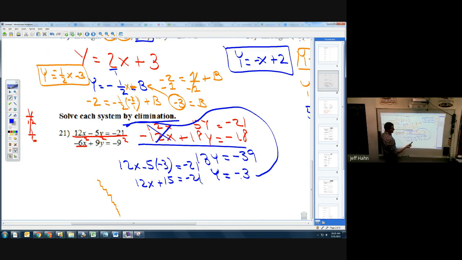That's kind of an ugly number, but let's see what happens. To get rid of a positive 15, I subtract 15. Negative 21, negative 15 is negative 36. Congratulations, it's going to work. I divide both sides by 12, I get negative 3.